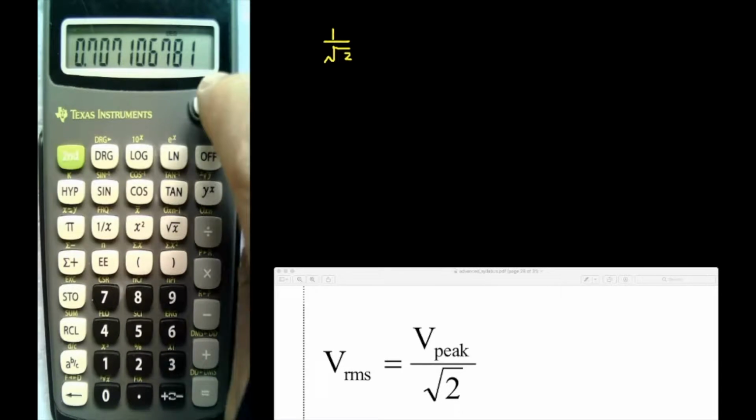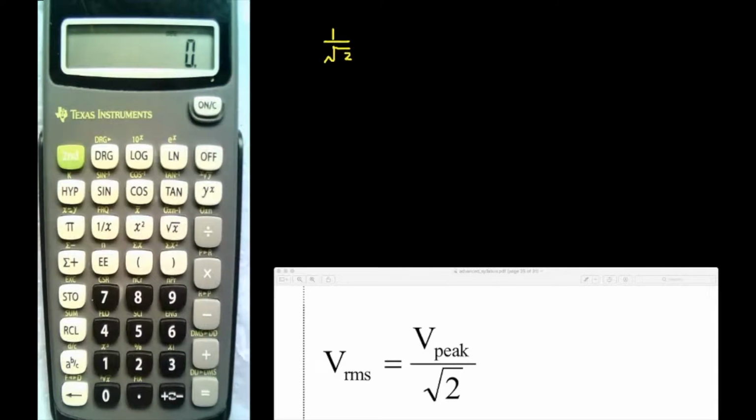Let's look at the keystrokes to work out what 1 over root 2 equals. Let's evaluate the root 2 first. So 2, and then the root x key, and at this point you have evaluated this term here.